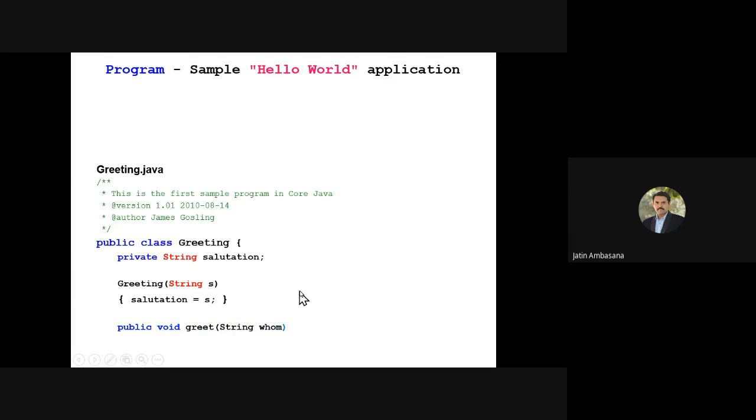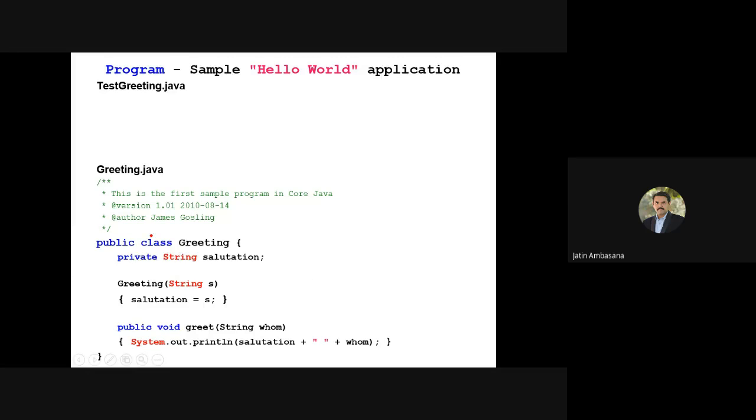And then we have a greet method where we pass some value, which is a string variable that will be printed using the salutation and this parameter. Then this Greeting class ends. So this is a simple sample hello world application.